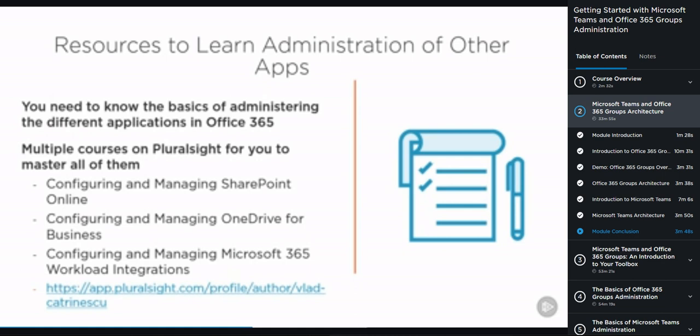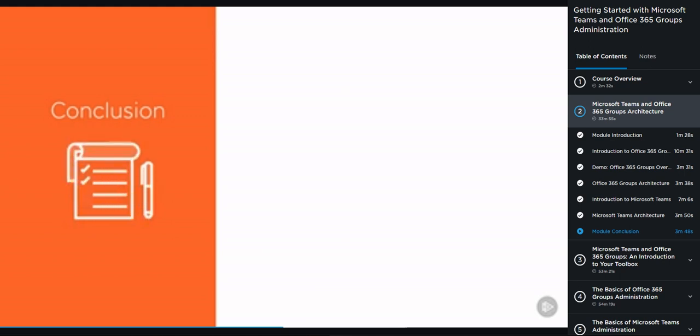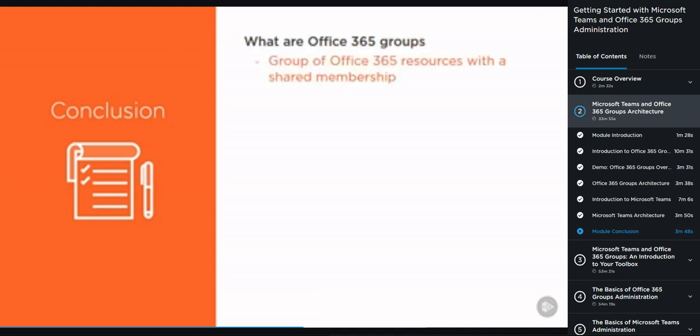From an architecture point of view, for Office 365 groups, everything is stored inside Azure Active Directory, but each application also has its application-specific settings and of course storage in its own admin center. Lastly, we have done an introduction to Microsoft Teams and an overview of Microsoft Teams architecture.